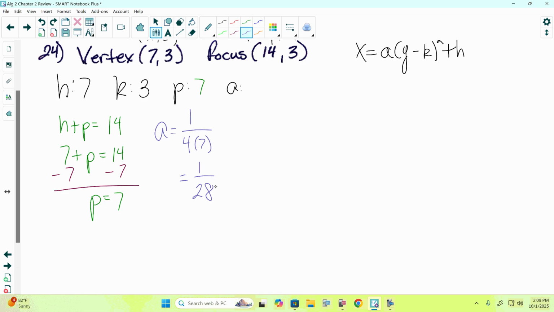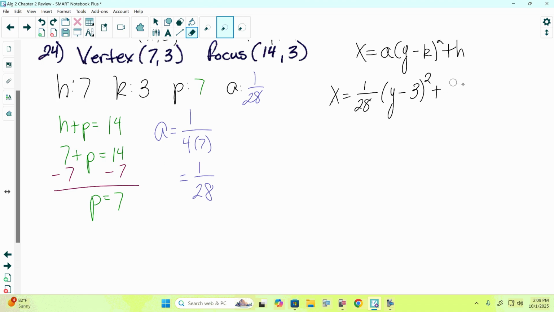At this point we can plug that into the calculator. 1 over 4 times 7 is 1 over 28. So x is equal to our a value, 1 over 28, times y minus k, and k is 3, squared plus 7.